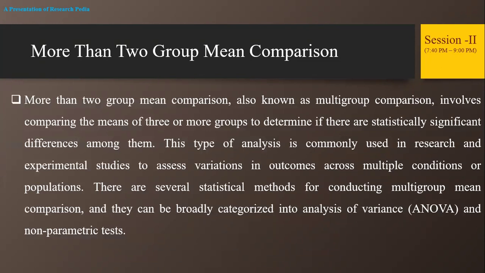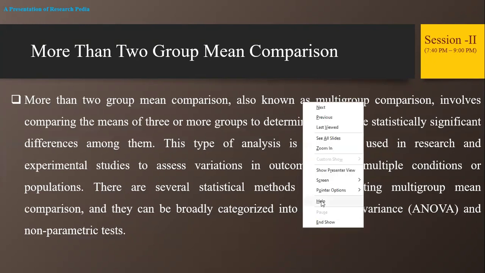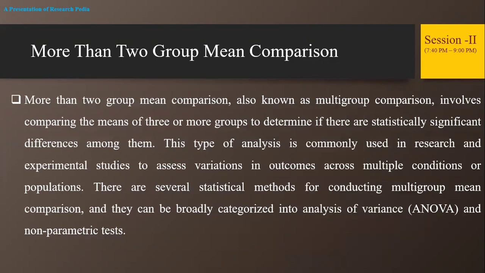First of all, you would like to know what is more than two group mean comparison. More than two group mean comparison is also known as multi-group comparison. Whenever someone asks you to consider multi-group comparison, it means that you are dealing with more than two groups mean comparison. It involves comparing the means of three or more groups to determine if there are statistically significant differences among them.